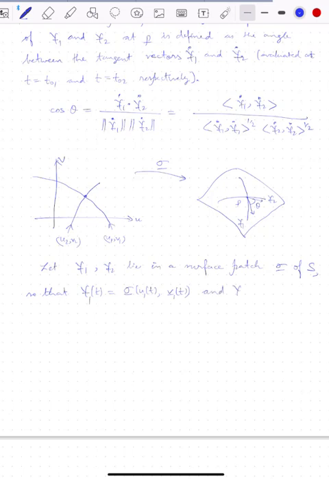and gamma 2 vector is going to be sigma (u2(t), v2(t)).